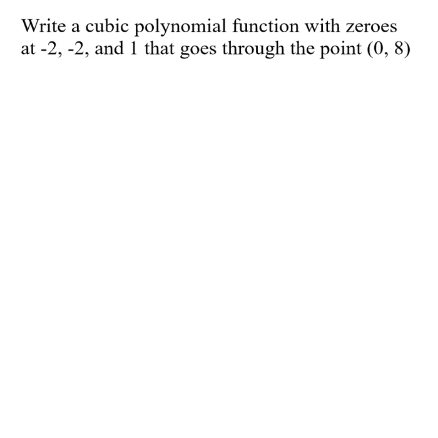So write a cubic polynomial with zeros at negative 2 and 1 that goes through the point (0, 8). Now see this extra piece of information? This is going to have only one correct answer, and that's because I'm giving another piece of information in the problem. So I'm going to have y equals x plus 2 multiplied by another x plus 2.